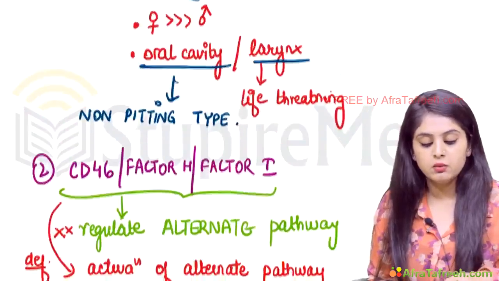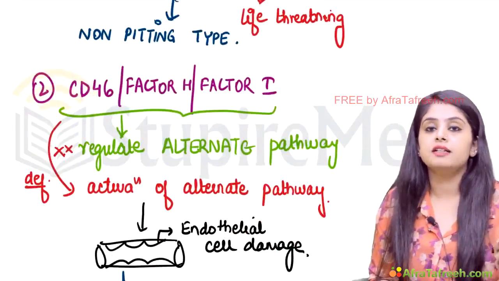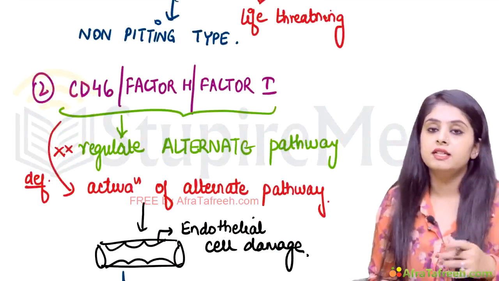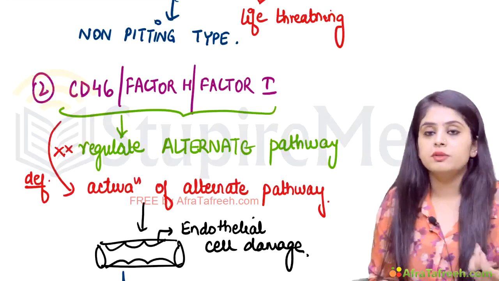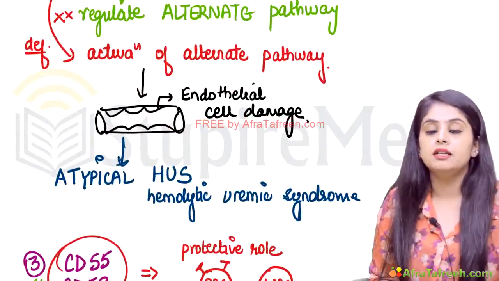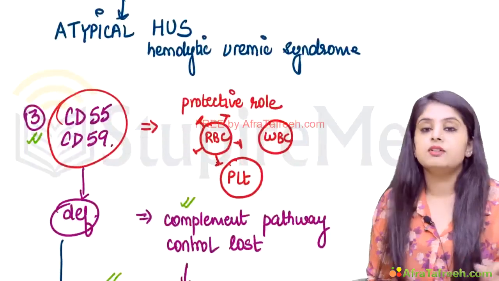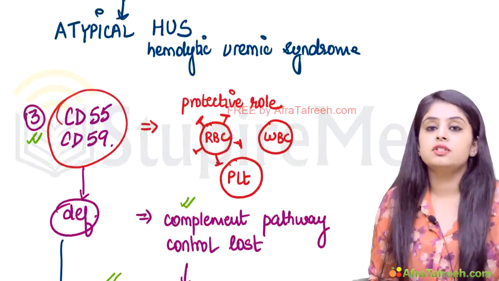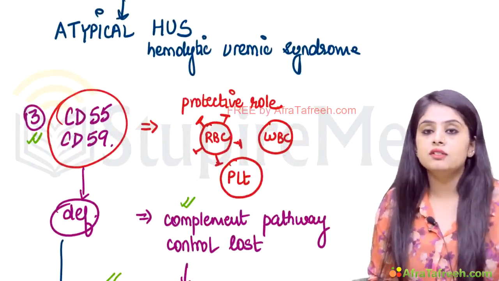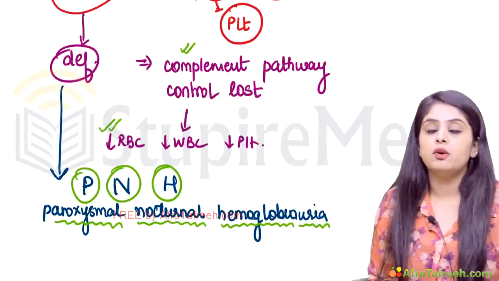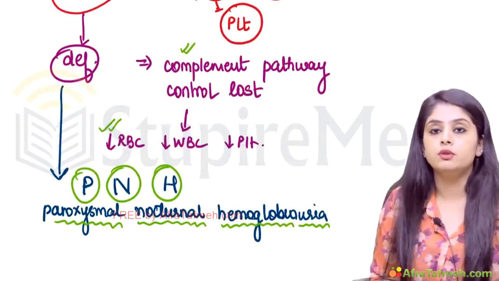The second one was CD46, factor H and factor I. This regulates the alternate pathway. If this regulation is lost because of a deficiency, it results in a disease called atypical hemolytic uremic syndrome. Lastly, we had regulators, that is CD55 and CD59. If these are deficient, the shield over the RBCs is lost, the complement goes and breaks them, resulting in a disease known as paroxysmal nocturnal hemoglobinuria.